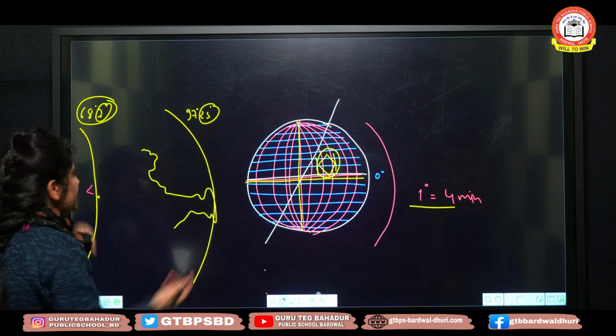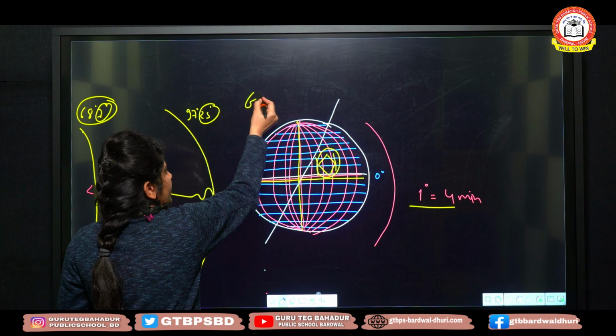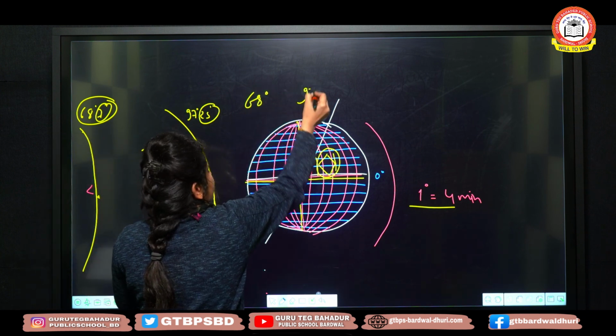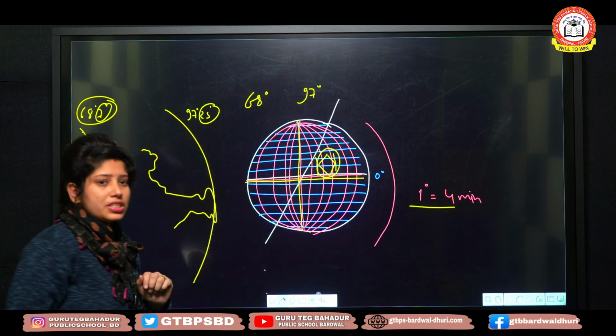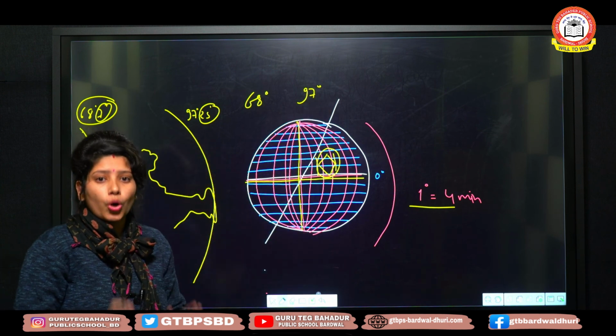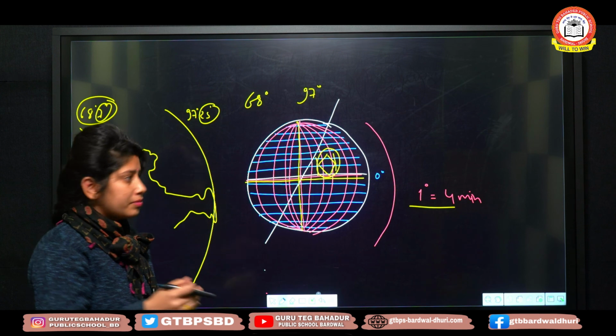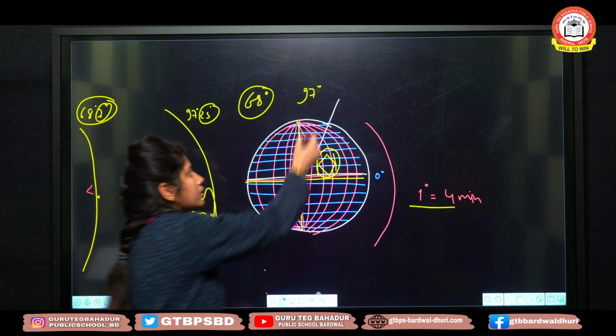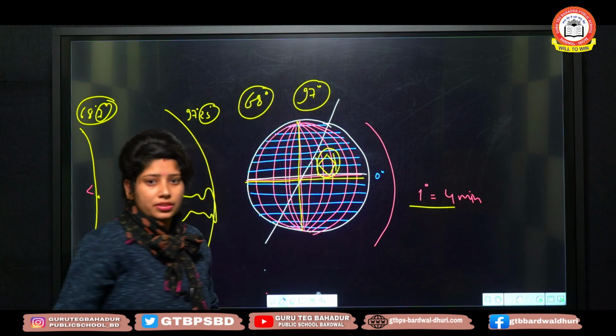Okay, so 68 degree, and here we have 97 degree, meaning we have two longitudes. We can measure our time according to this or this.